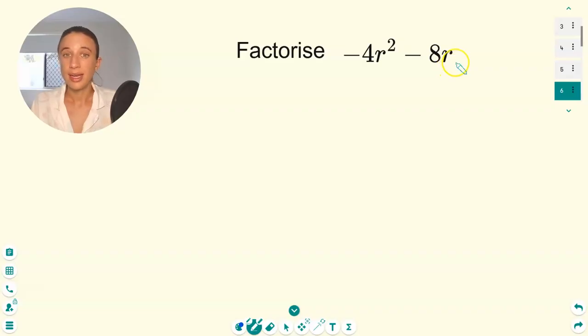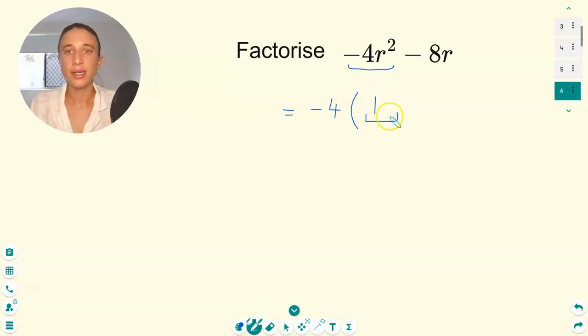So here, what do you think the highest common factor is? It's going to be negative 4. So when they're both negative, you pull that negative out the front, is what I'm saying.